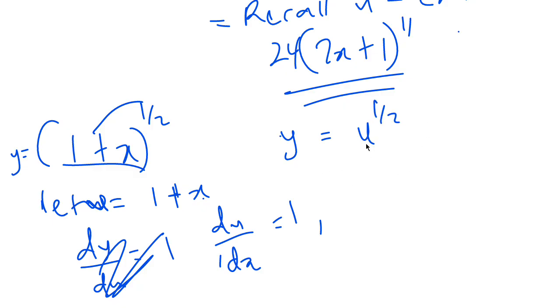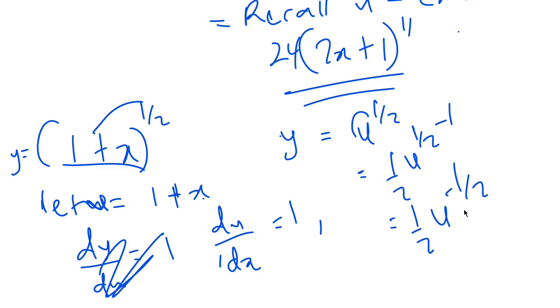So if you differentiate y with respect to u, the half comes down, right? That's half u to the power of half minus 1, and that half minus 1 is going to give us minus half, right? So this half u to the power minus half will now multiply by 1, right? Do you get it?